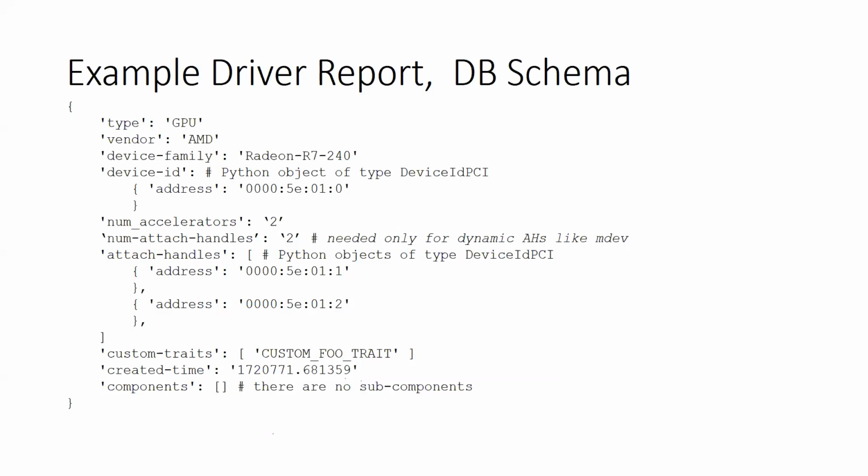My specific question is, for example, for the Xilinx FPGA, I need to create a shell version custom trait. This custom trait must be used by the Cyborg framework to create, say, a flavor. So my question is, is the shell version used to place the VM?